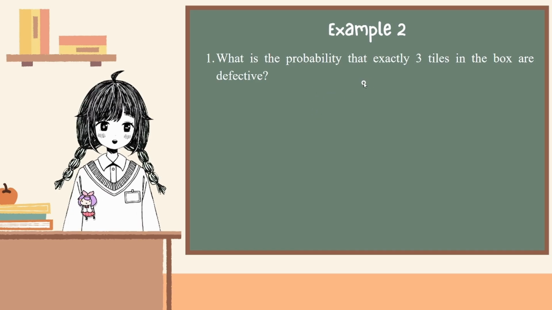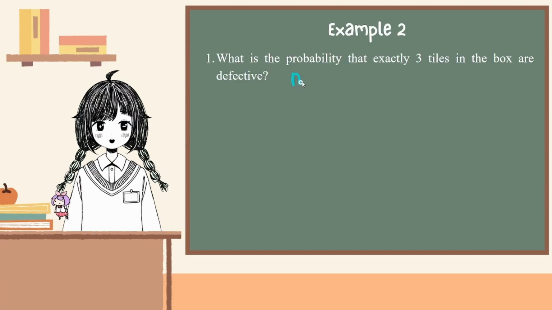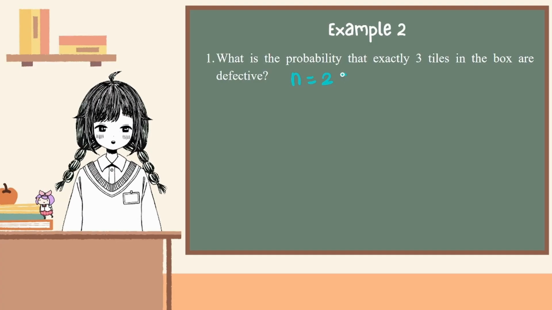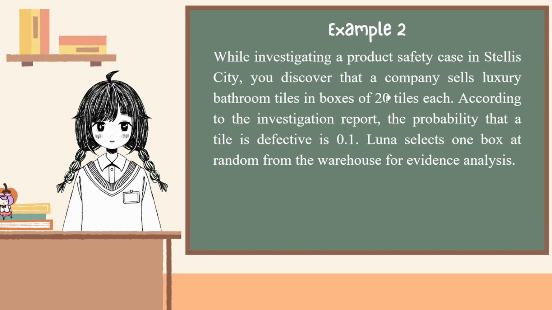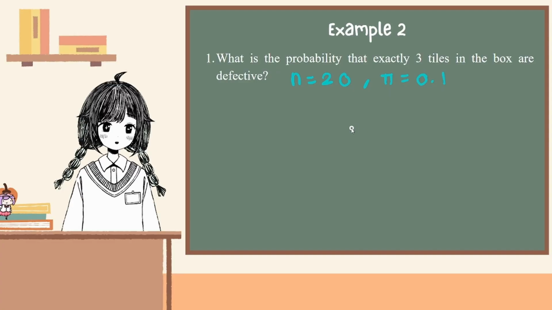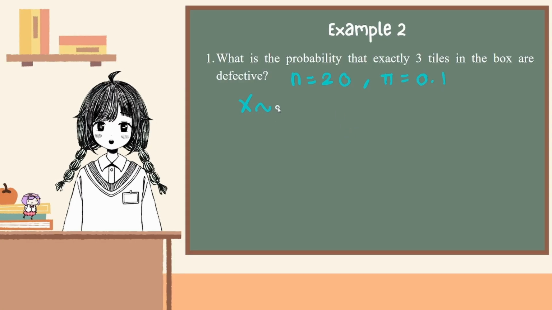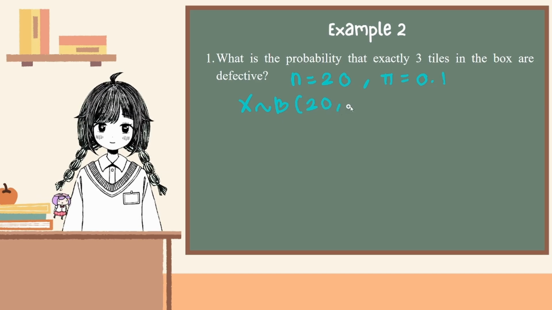Firstly, let's extract the information we have. We have n equals 20 and π equals 0.1, which is the defective. So put it in the binomial formula, which is here.